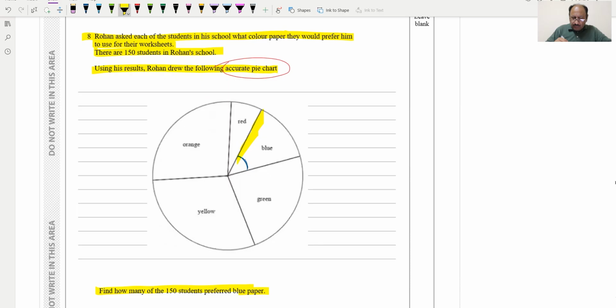So this is the blue paper section, and for this one we can check the angle for the blue section, how much it is. We can measure this angle by extending this line and placing our protractor like this.